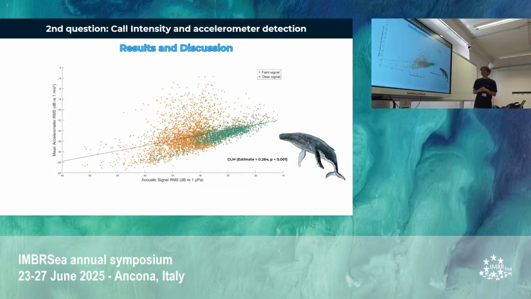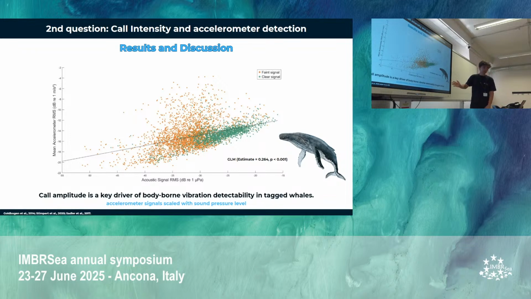Here we have the results for the second question, which relates call intensity and the accelerometer detection. We performed a GLM and saw significant results. Clear signals are more concentrated when we have higher call intensity. So we can say that call amplitude is also a key driver of body-borne vibration in this case, and that the accelerometer signal scales with the sound pressure level.